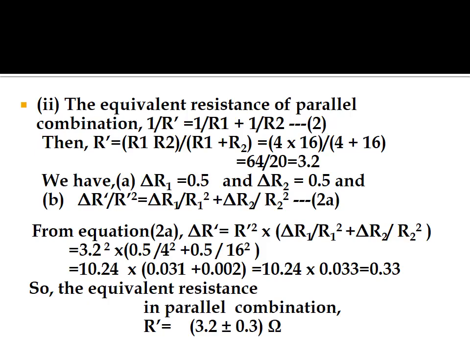From equation 2a, delta R dash is equal to R dash square into delta R1 by R1 square plus delta R2 by R2 square, which is equal to 3.2 square into 0.5 by 4 square plus 0.5 by 16 square, which is equal to 10.24 into 0.031 plus 0.002, which is equal to 10.24 into 0.033, which is equal to 0.33.